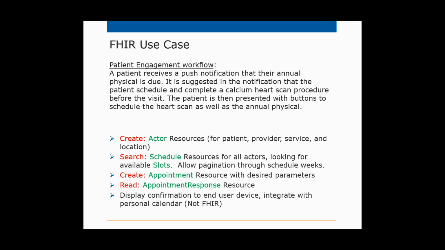And then once they select which one works for them, behind the scenes we would be doing a create on an appointment resource with the desired parameters of next Thursday at 2 o'clock. The last piece in that workflow would then be the mobile device waiting to receive the appointment response resource back from the FHIR server, letting them know if it was indeed selected or still available.